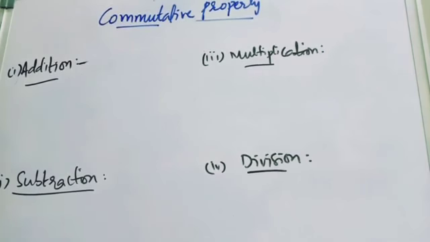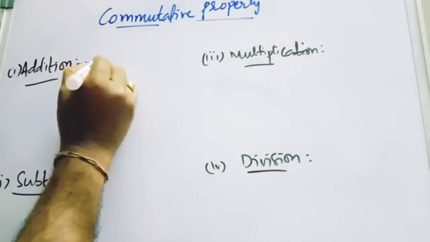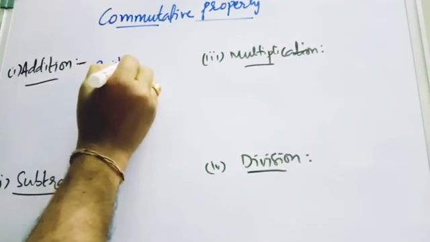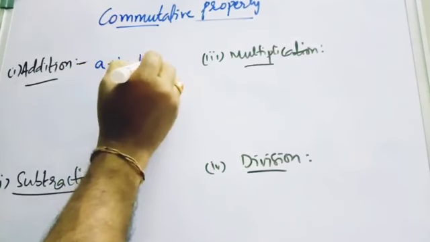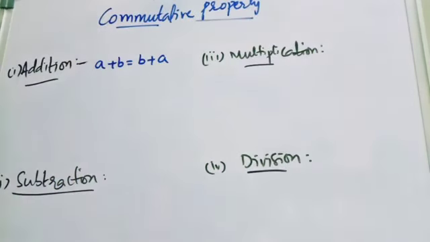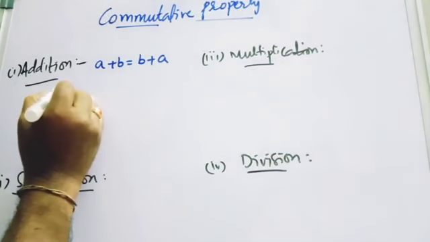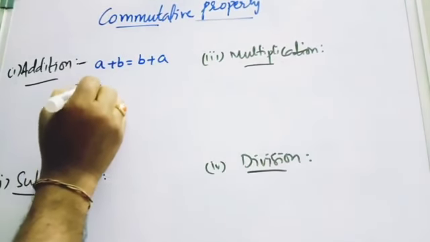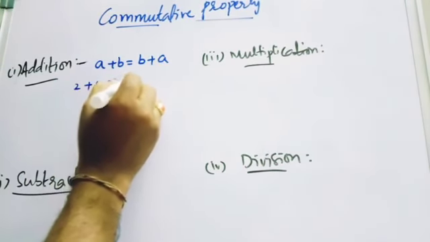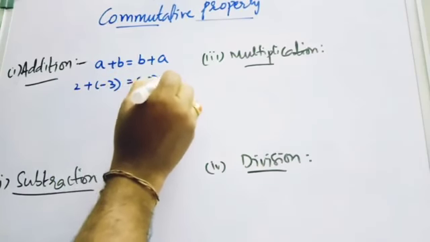The commutative property states that the addition of two integers is always equal, that is, a plus b is equal to b plus a. Here we can take examples: a equal to 2 and b equal to minus 3, then b equal to minus 3 and a equal to 2.